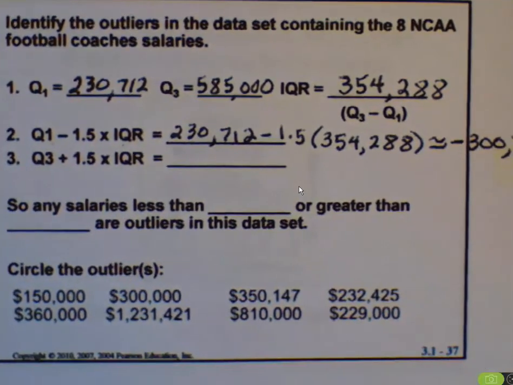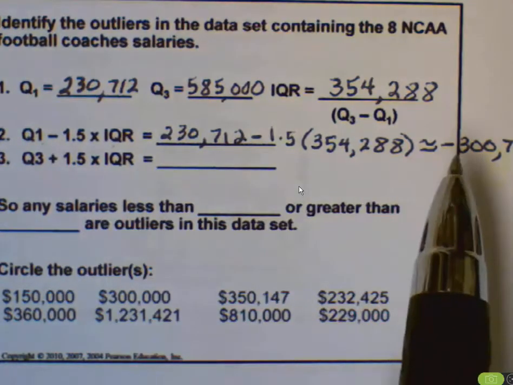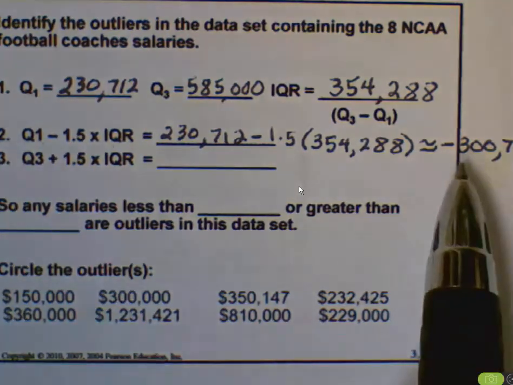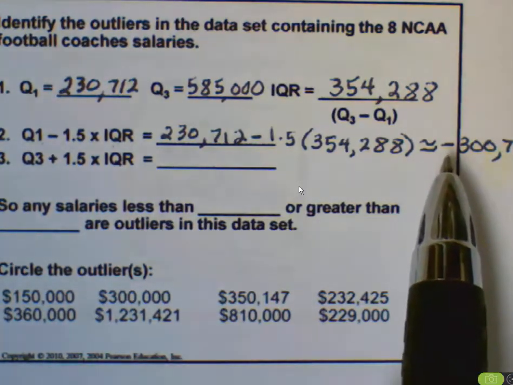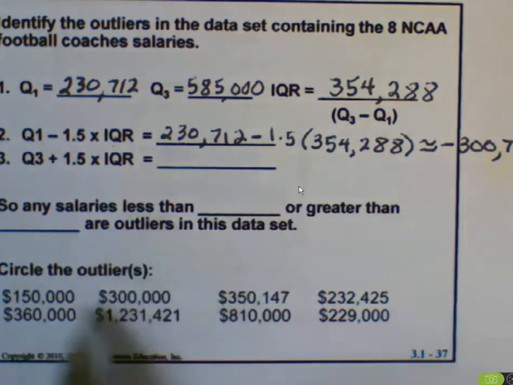In other words, to be on the low end of the outliers, you would have to be paying somebody $300,000 to let you coach. If your salary was less than negative $300,000, then yes, you would be an outlier for this data set.